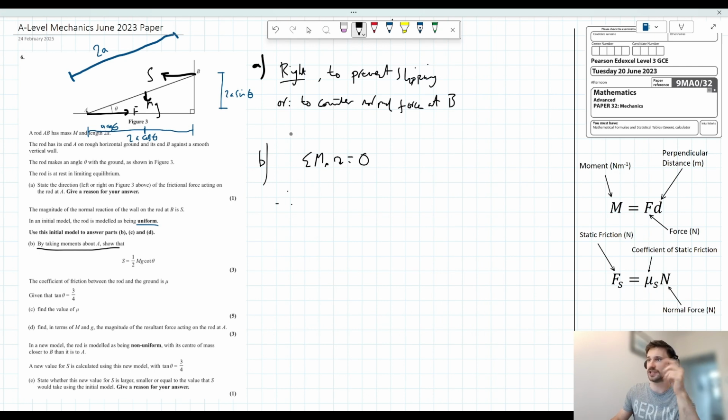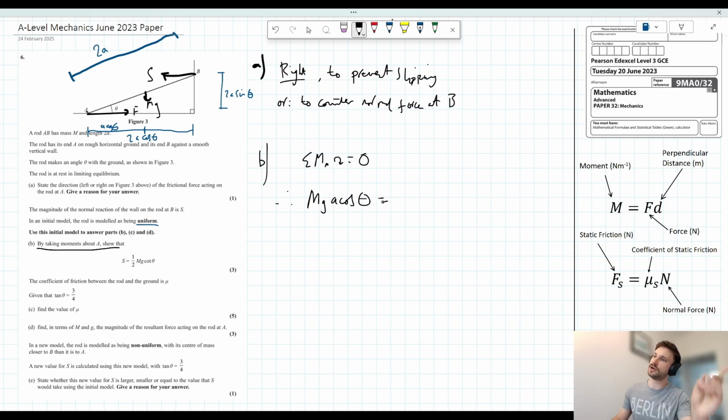So this moment here can be taken as mg a cos theta, since a moment we understand to be the product of the force and the perpendicular distance from the point of interest.